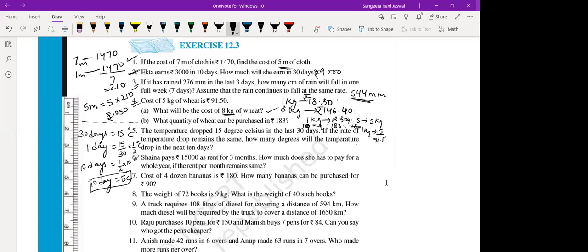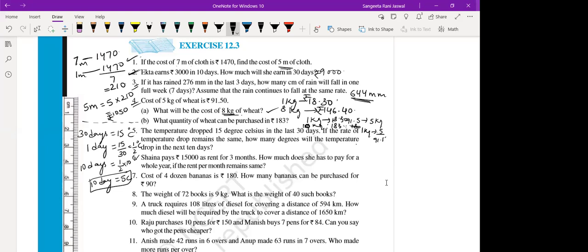How much does she pay for a whole year if the rent per month remains the same? How much will she pay for the whole year? What will you do first? What will be your first statement?